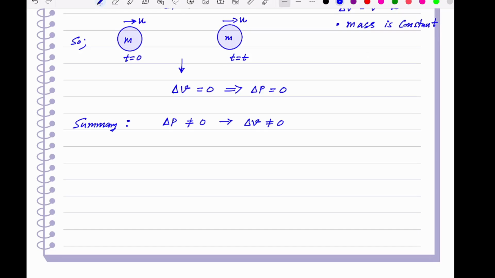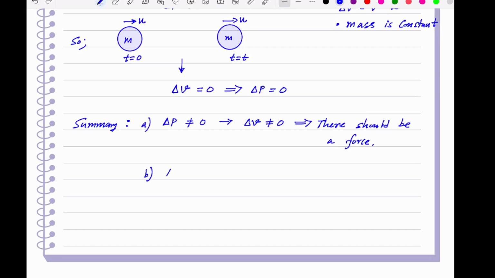If speed difference exists or momentum difference is not 0, this tells you that there should be a force. Because that force pushed the object so that there will be a speed difference. Because of that, there is a momentum difference. Easy. This is the first one.